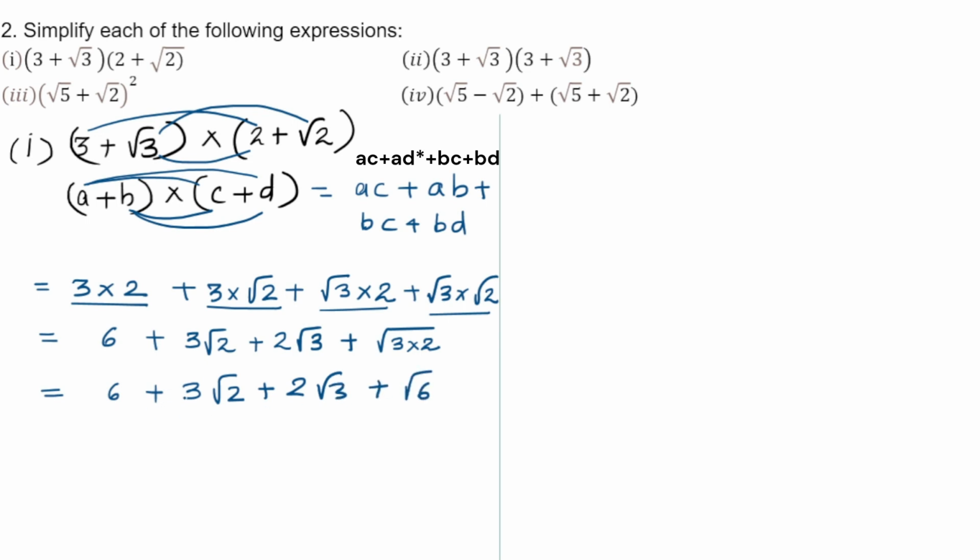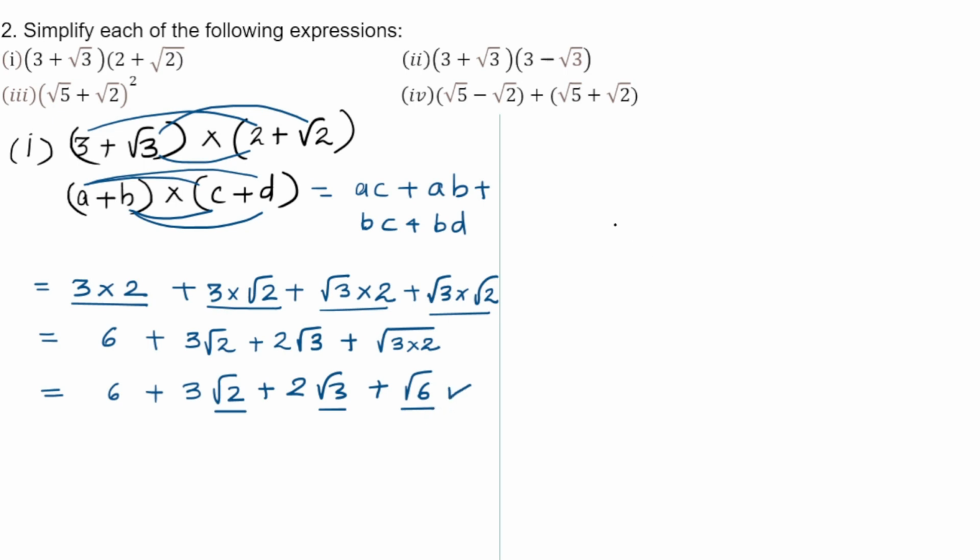Now, here is where we are going to stop solving our question, because if you look carefully, we don't have any like terms here. We don't have any other term that has root 2 with it. We don't have any other term that has root 3 with it or root 6 with it. It means we need to stop solving here.